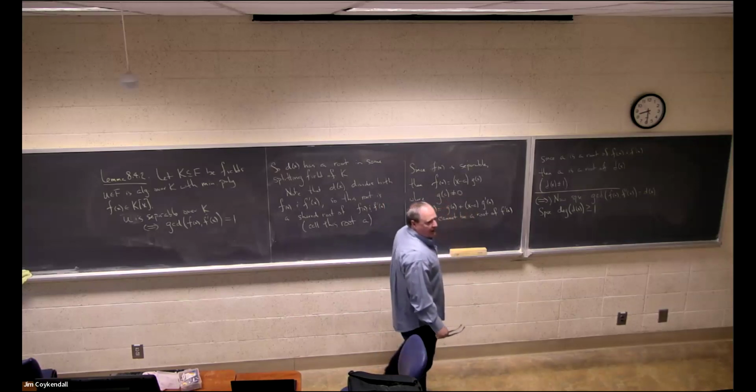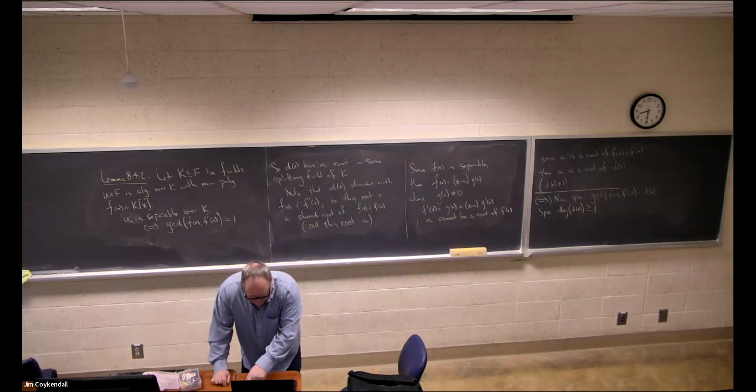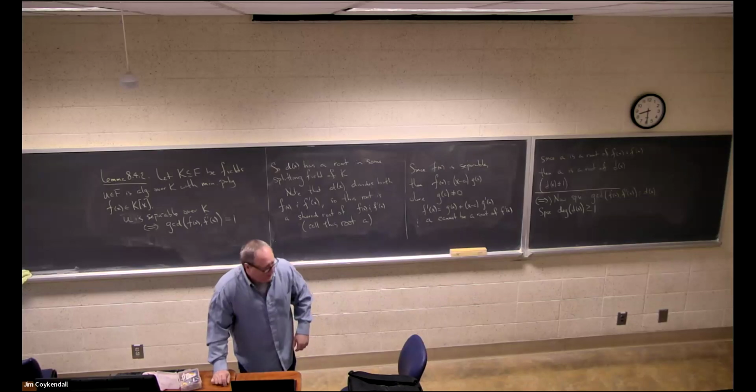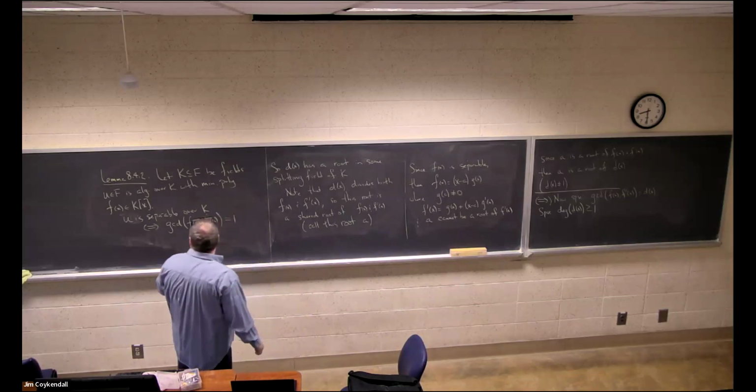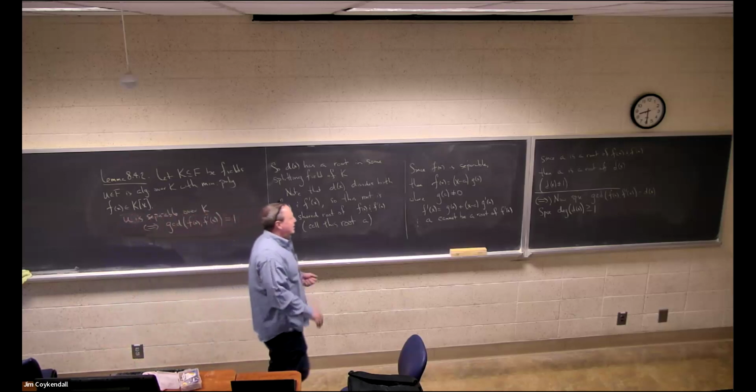That means a has to annihilate g of x, and we've seen that can't happen. So this is kind of handy dandy because you can tell if an element or its polynomial is separable over k just by invoking this criterion.